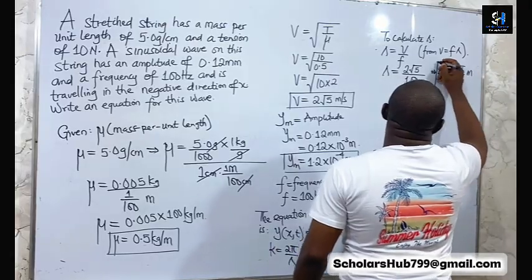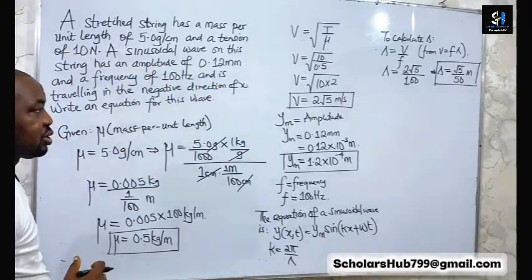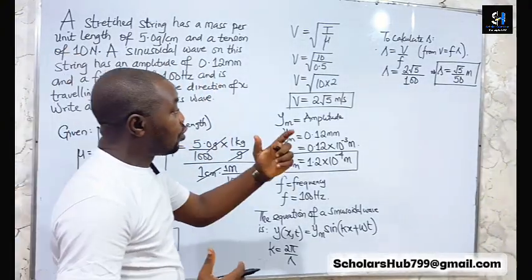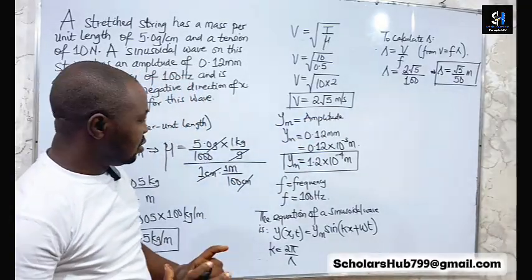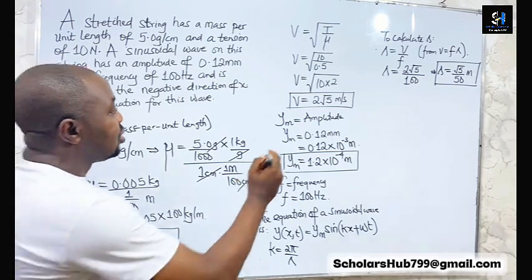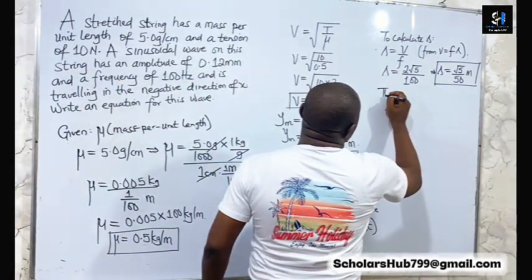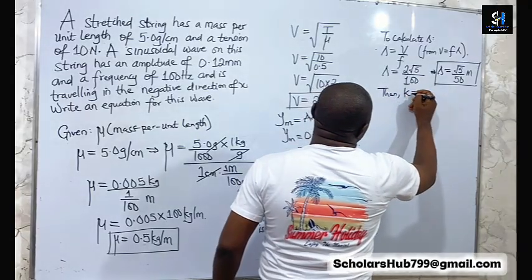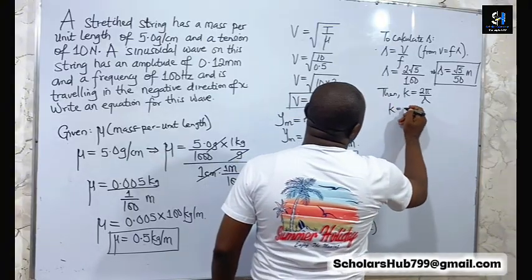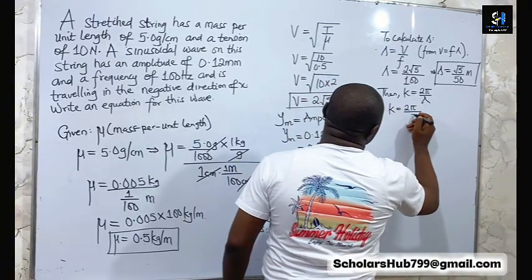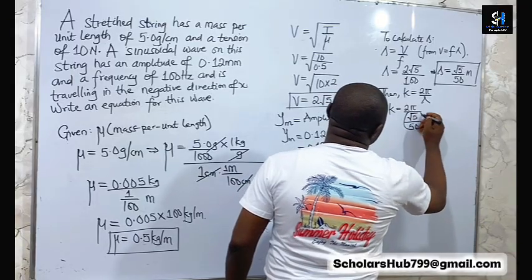The unit of wavelength is meters. I don't want to convert this into decimals. So that's the wavelength. The wave constant k, which is equal to 2 pi over lambda, will now be 2 pi divided by root 5 over 50.